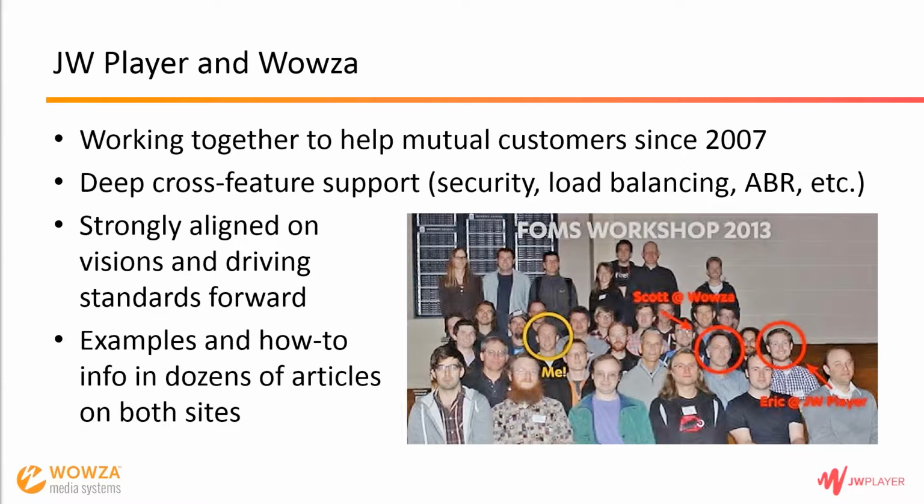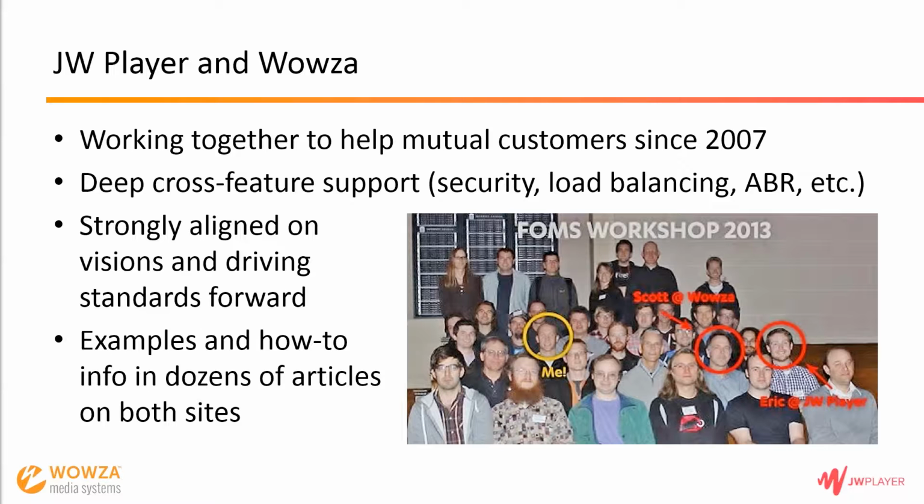If you look at our cross-feature support, something like security, DRM, encryption, everything that Wowza supports, JW Player tends to support, things like the secure token functionality. Load balancing is, of course, important when you're a larger publisher with multiple servers.